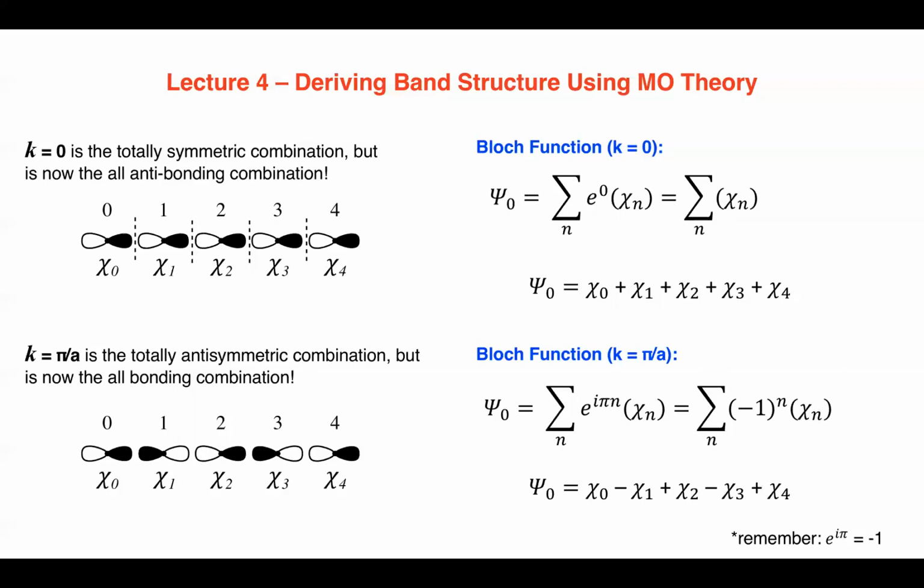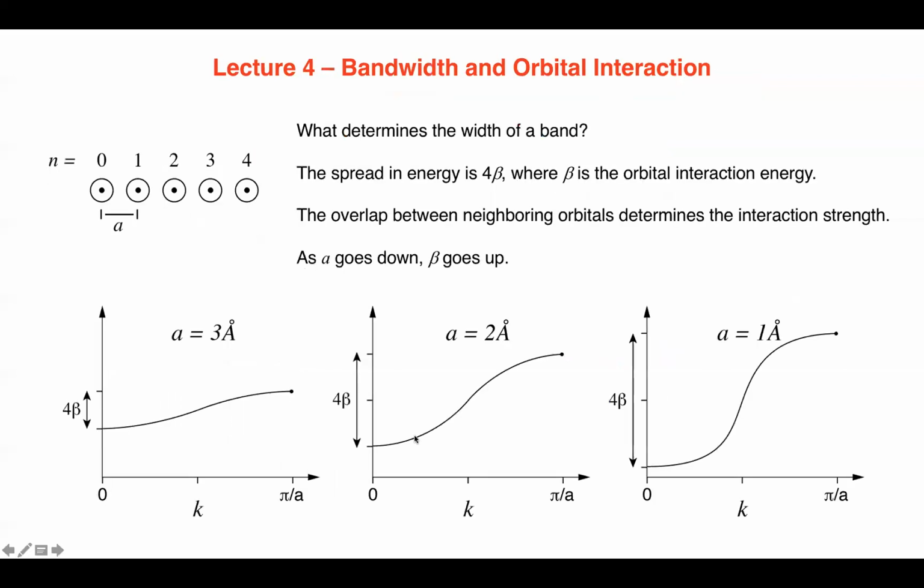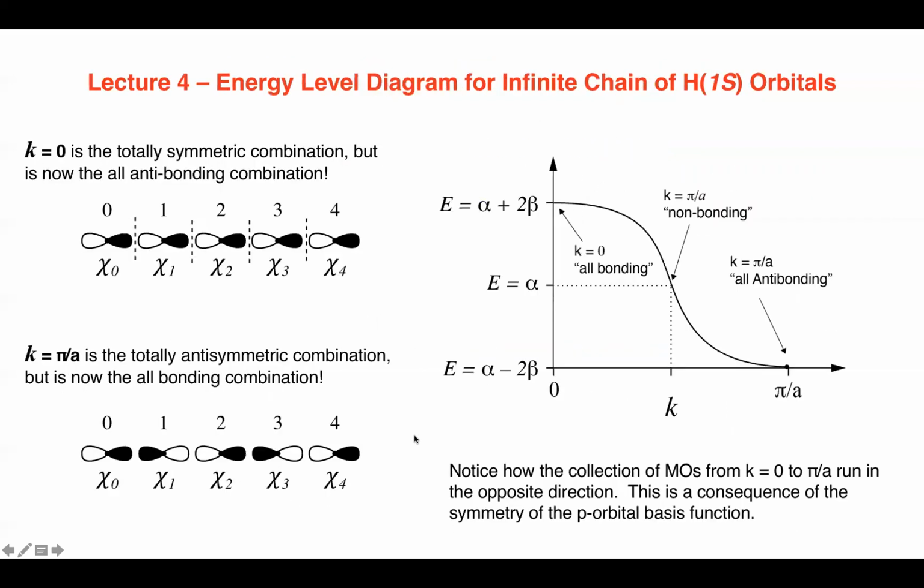So let's take a look then at the next slide. Here we are, where we've plotted the energies of these states. As you go from k equals 0 to k equals pi over a, now k equals 0 is the high energy one, and k equals pi over a is the low energy one.